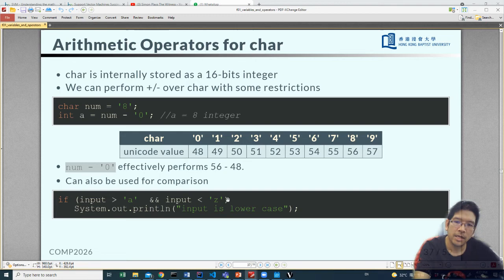In this case, if input is one of b, c, d, e, f, g up to w, x, y, then the input has a value lying between small a and small z, so we can say the input is lowercase. Of course, if input is 'a', this expression would not hold, and so the entire expression will not hold either.